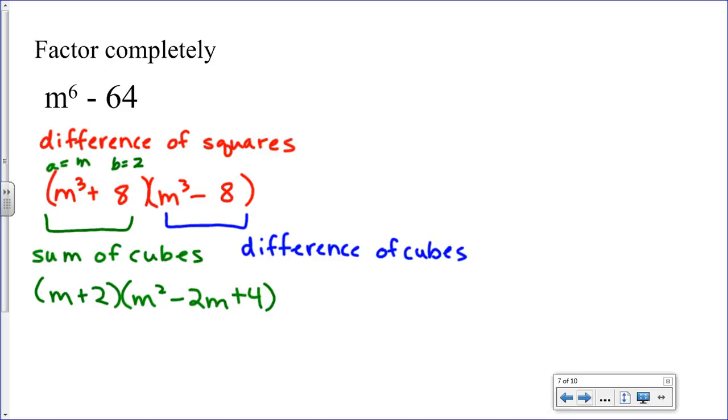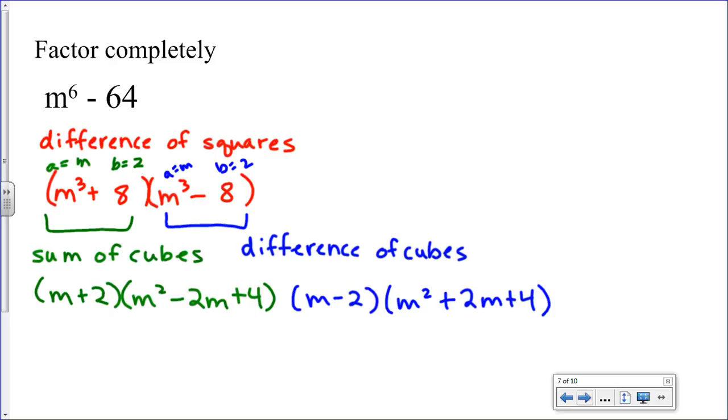My a and b are the same, so a is n, b is 2. Again, don't worry about the sign. The sign will come out here when you factor. Okay, so you do a minus b, so n minus 2. And then a squared, n squared, plus a times b, so 2n, plus b squared, which is 4.